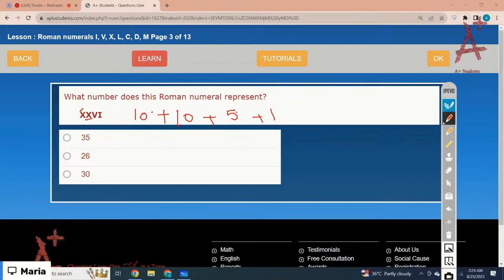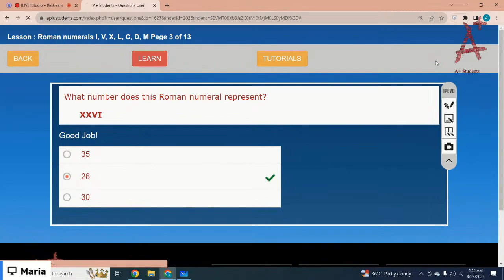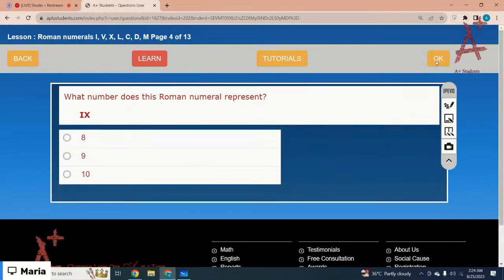That means X, X, V, I represents 26. The correct option is 26.